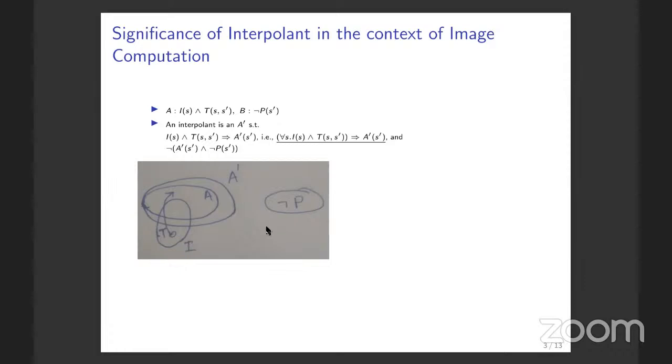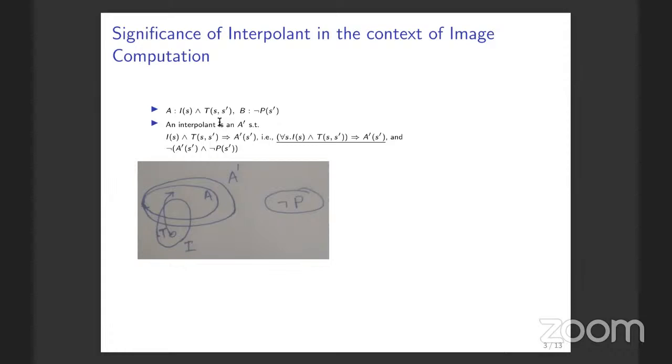Given a resolution proof of a contradiction, in this case the fact that A and B as defined below is false, that's a contradiction. If you have a resolution proof, an interpolant can be extracted fairly efficiently, in the sense that it is linear in the size of the proof.